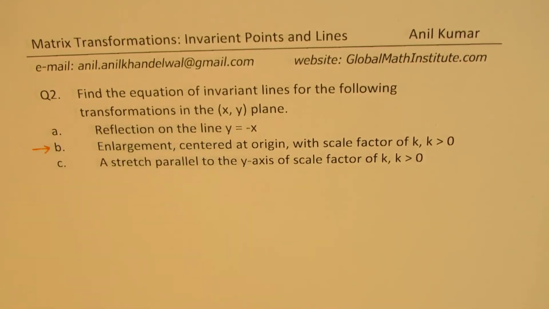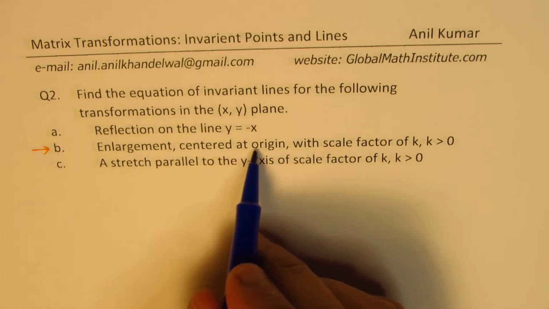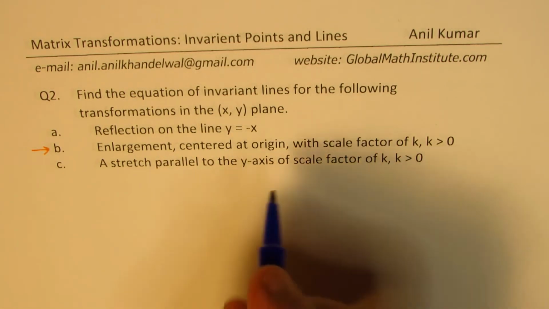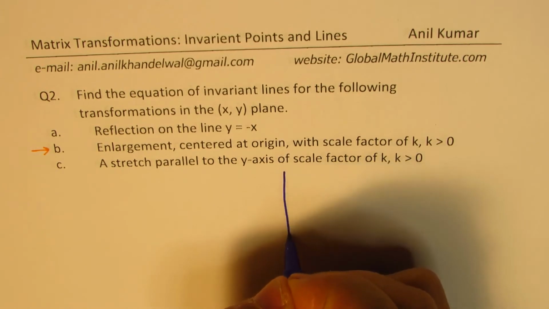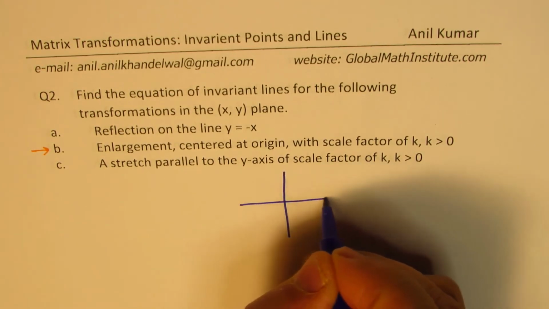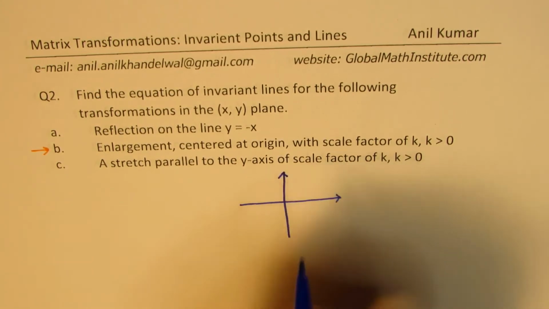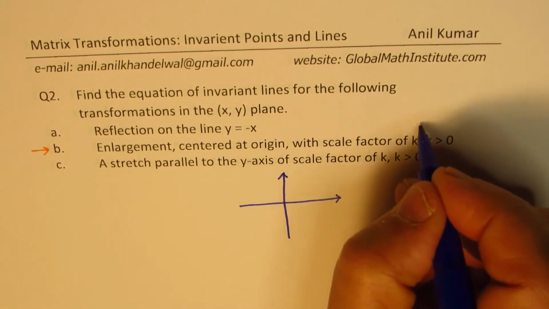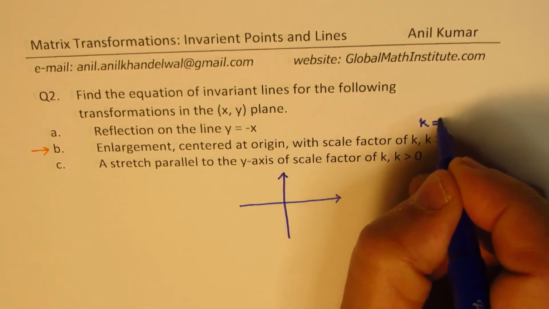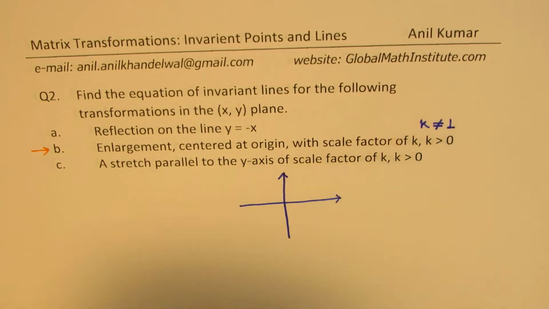enlargement. So in this particular case, we are talking about enlargement centered at origin with the scale factor of k. So let's get back to our diagram, and we'll first write down the transformation matrix, and we'll also put the condition that k is not equal to 1, right? If k is equal to 1, there is no enlargement. Perfect.